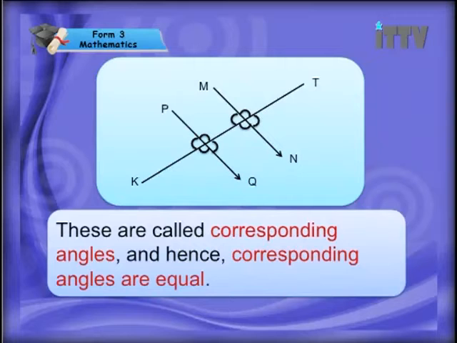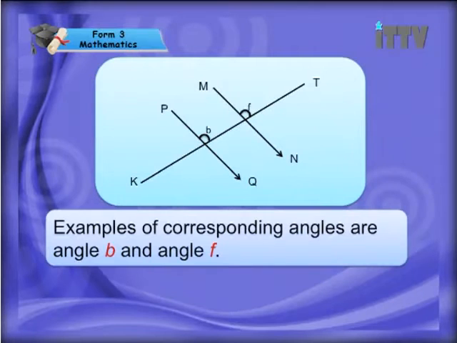In this diagram, let us look at this in further detail. Examples of corresponding angles are angle B and angle F. The question you need to ask here is, how can I identify B and F to be corresponding angles? If you look at the description given for corresponding angles, B and F are on the same side of the parallel lines.